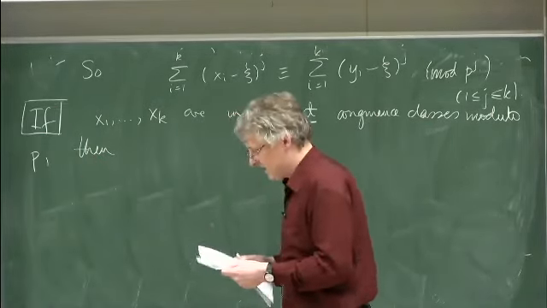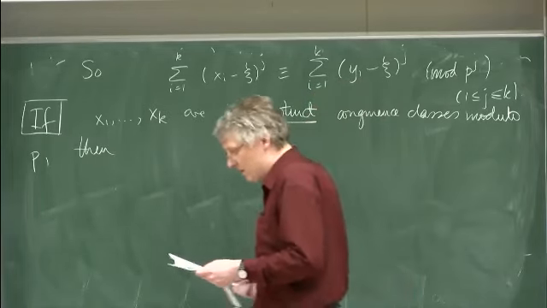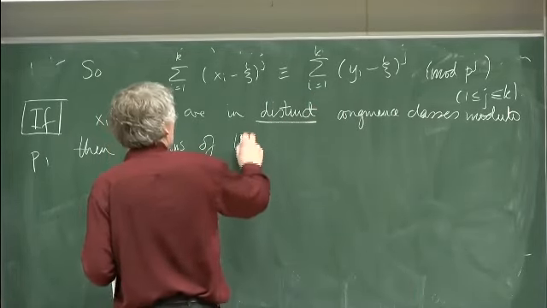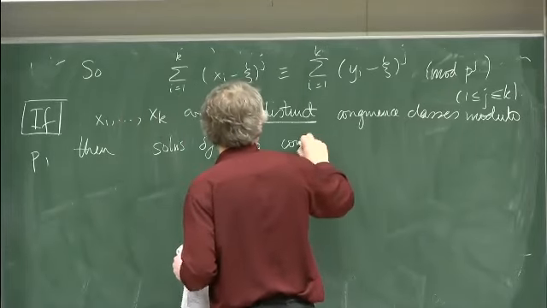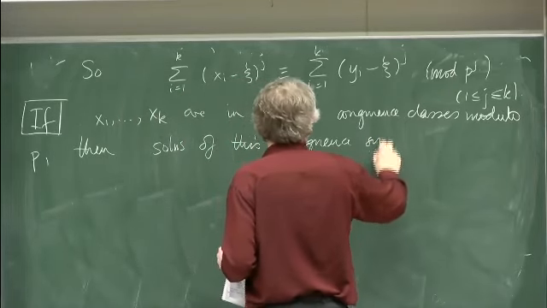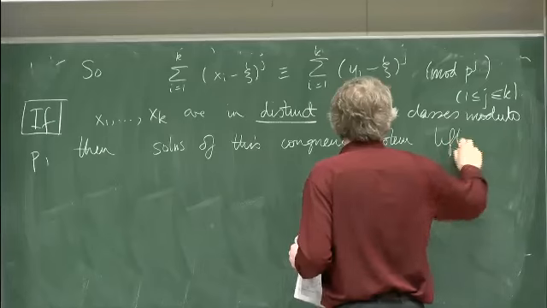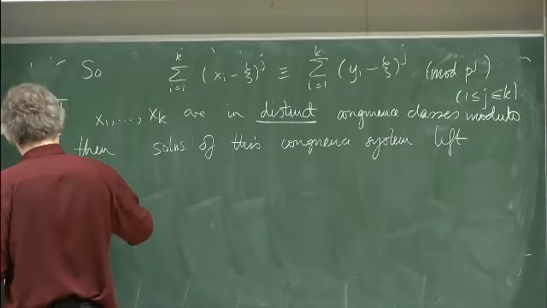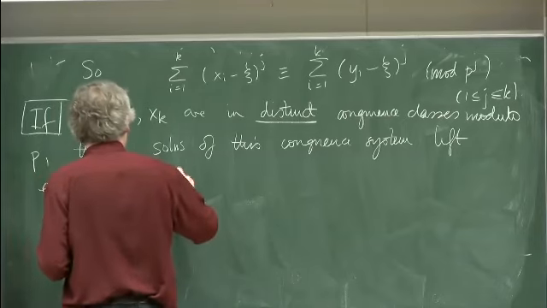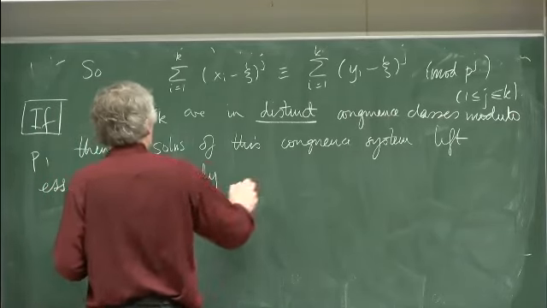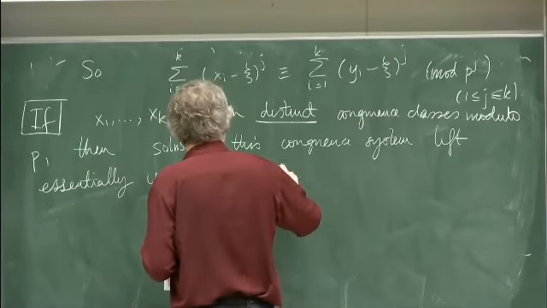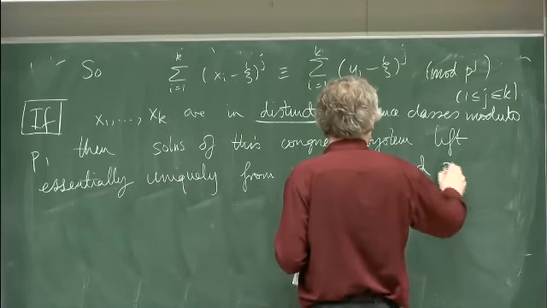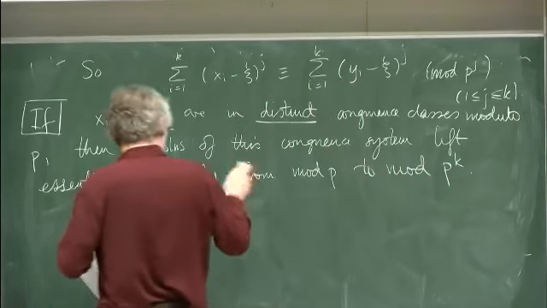So if that's the case, then the solutions of this congruent system, they lift uniquely, or essentially uniquely, from solutions mod p to solutions mod p to the k. That's not quite true, I'll clarify that.